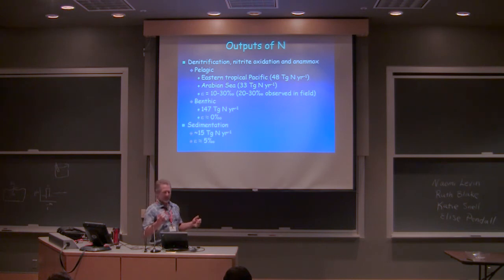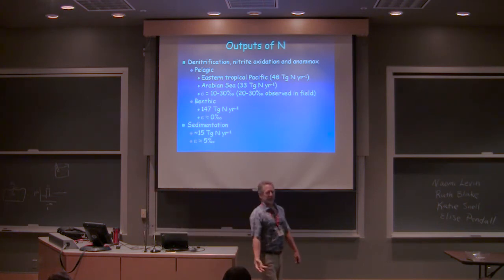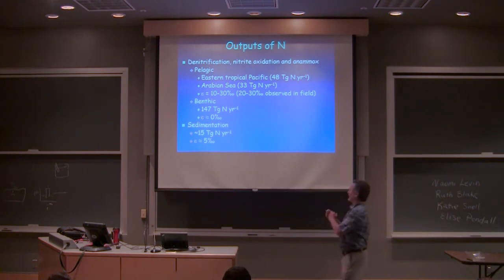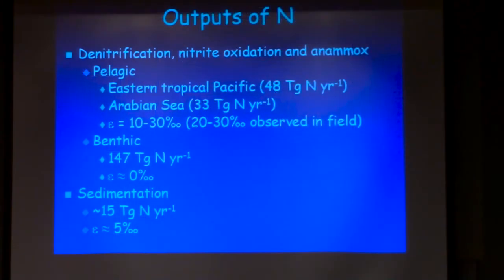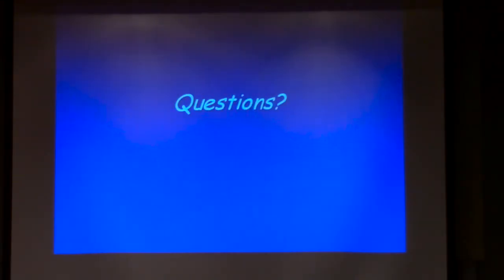Okay, and then sedimentation, so fixed nitrogen falling as a particle and being buried, is a small term in terms of the output, with a fractionation that remains constant at about 5 per mil. Okay, so pretty straightforward.